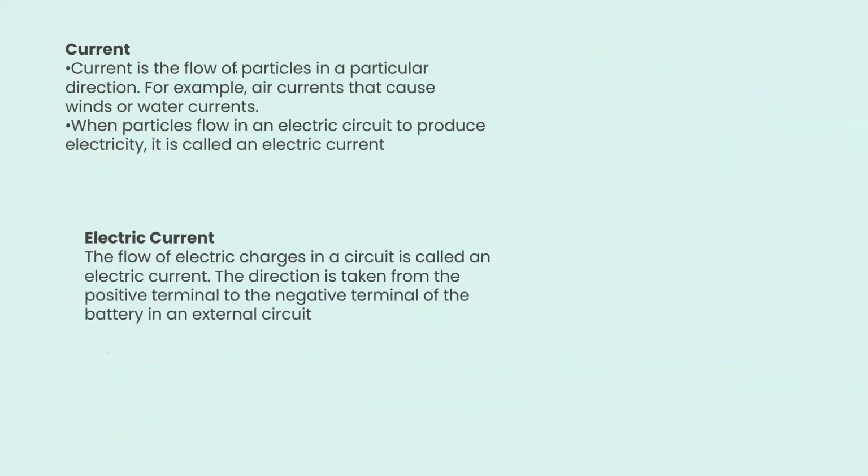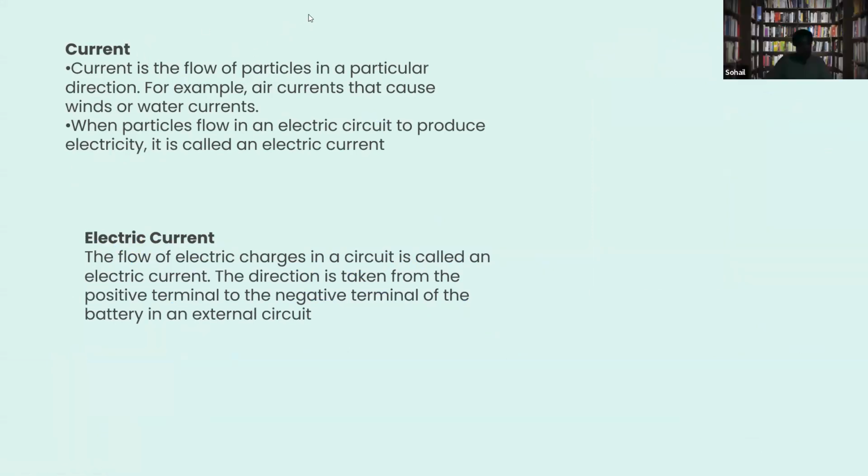So, as I was telling you, electricity is nothing but the flow of particles in a particular direction as well, right? Just like air currents move in a particular direction. We were talking about land breeze and sea breeze, right? For example, during the daytime, what happens?